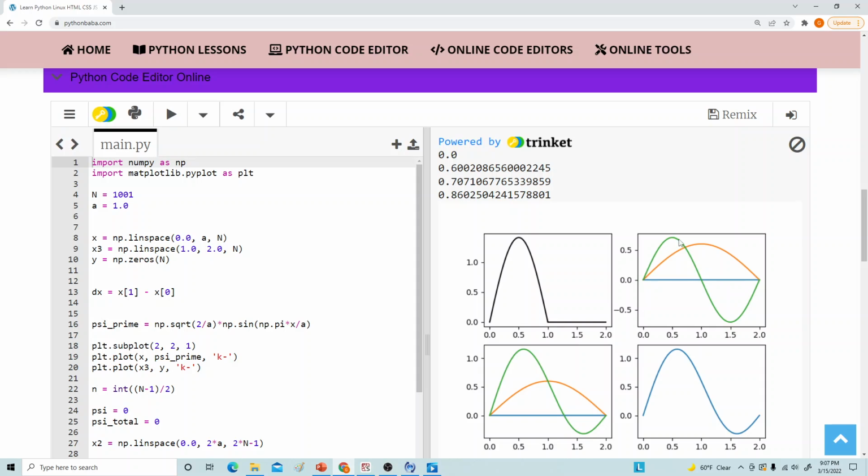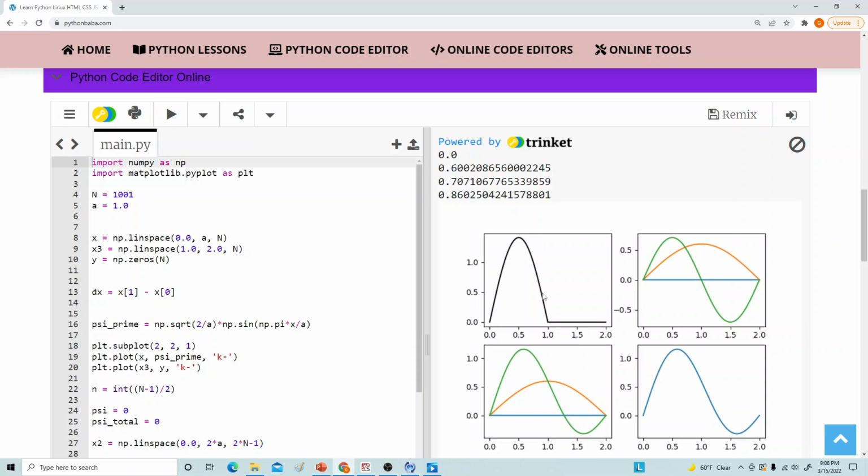So it's adding the green wave plus the orange wave. The orange wave remains unaffected because it simply plots it on there, and then it plots the sum of both waves. But you'll notice that the amplitude down here is much smaller than here, and that's because some of the orange is above the axis and some of the green is below the axis, so they're canceling each other out. And that's what we want in this region, because we should get a flat line here.